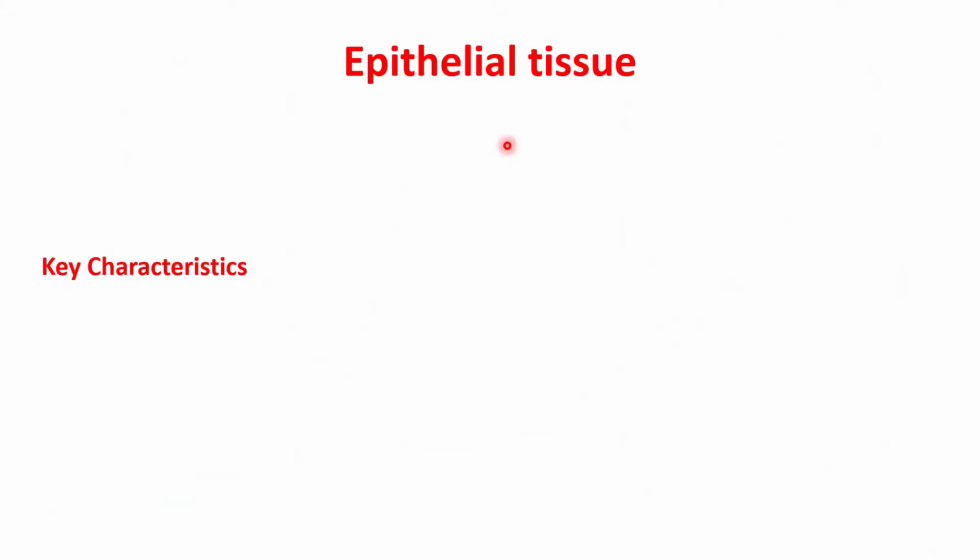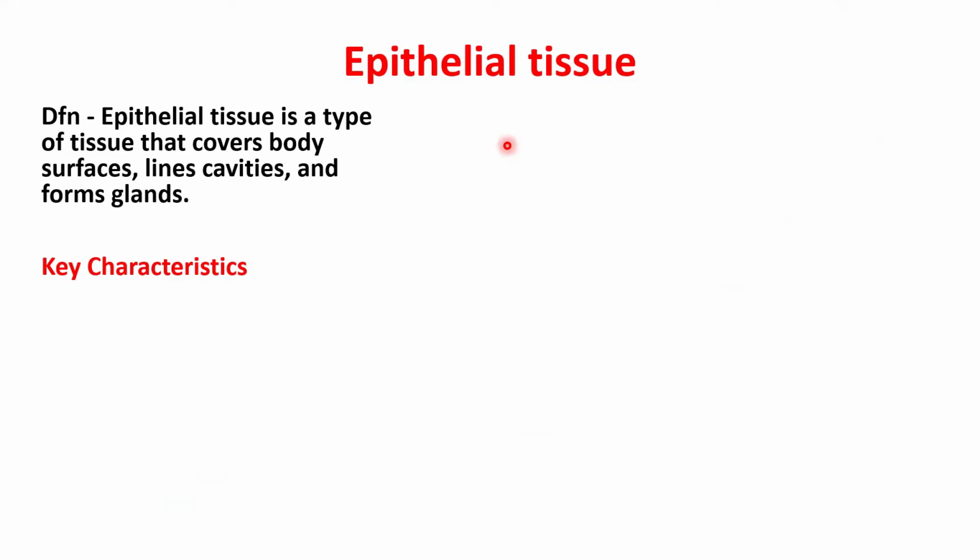Now we'll go to epithelial tissue. By definition, epithelial tissue is any type of tissue that covers body surfaces or lines cavities and may form glands. Maybe you've heard about the parotid gland or the thyroid gland.